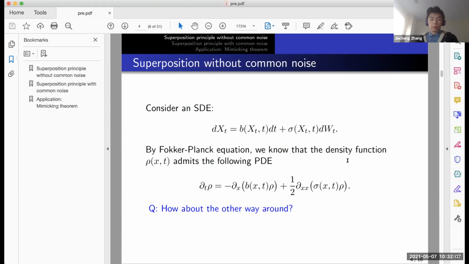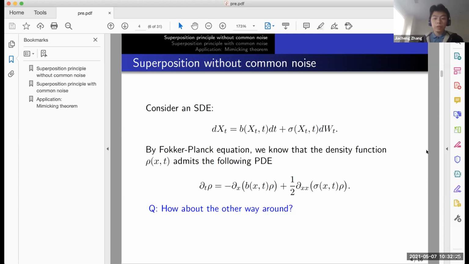And so basically this Fokker-Planck equation gives one direction from this SDE problem to this PDE problem. So a natural question is, how about the other way around, in the sense that if we are given some PDE problem, can we somehow generate this SDE process?